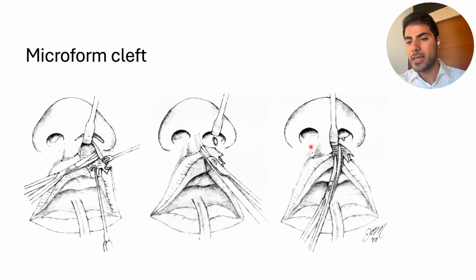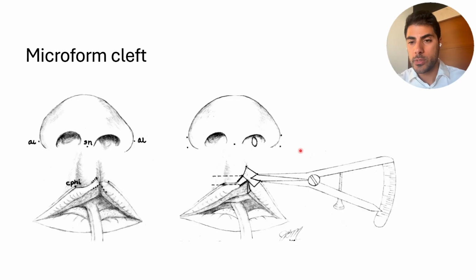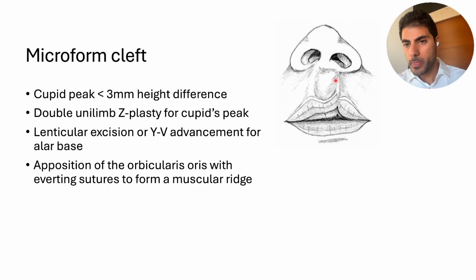We cut and reapproximate the orbicularis oris. So this is unlike the first deformity, the mini microform. In this microform case, we have to cut the orbicularis and reapproximate it because, as you can see here, the columella started to fade away.